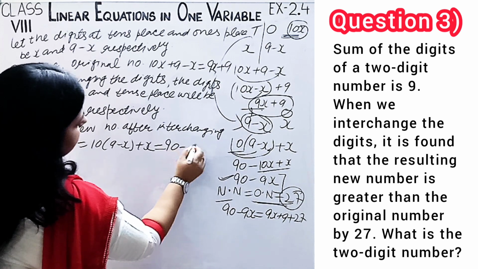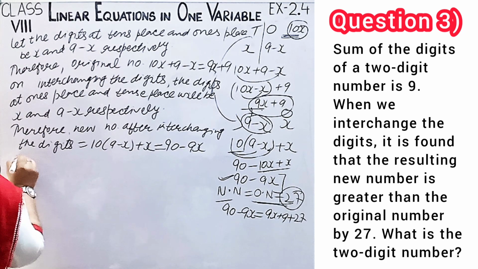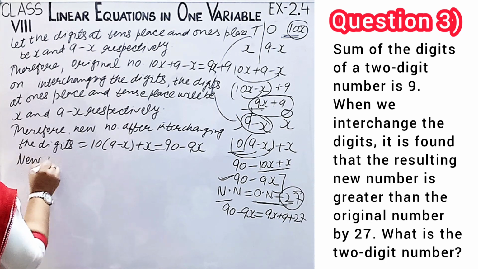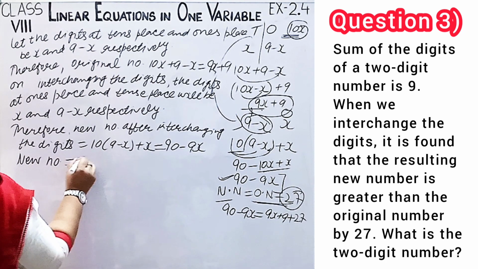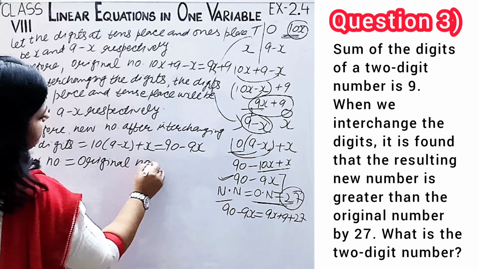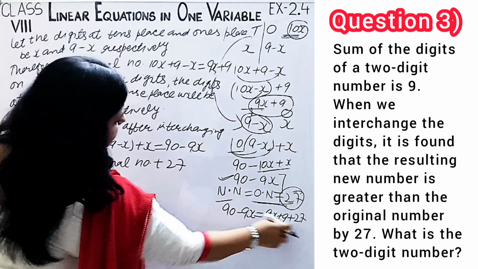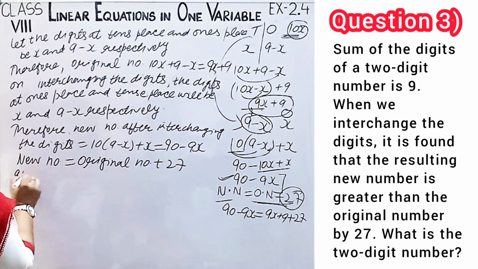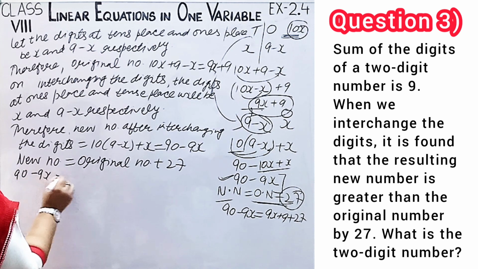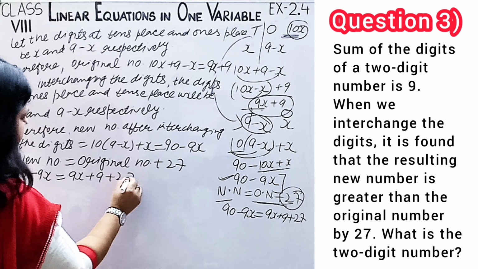No need to do this again. Now the new number is equal to the original number plus 27, and we had this equation: 90 minus 9x is equal to 9x plus 9 plus 27.